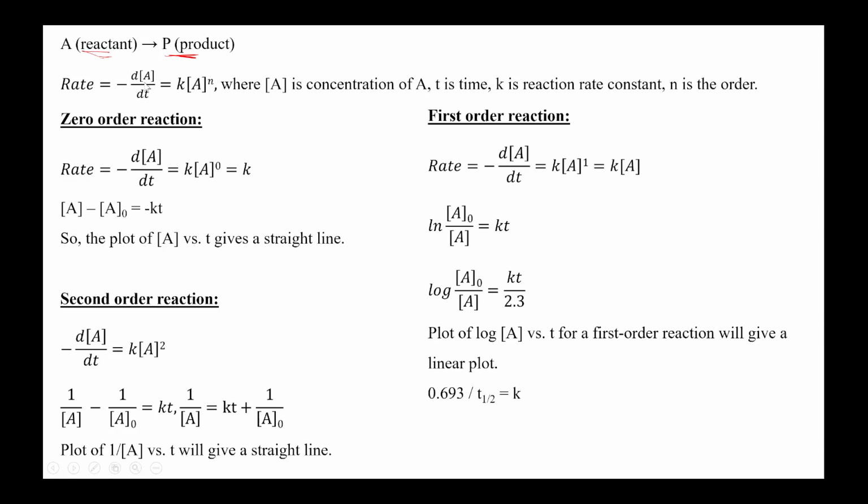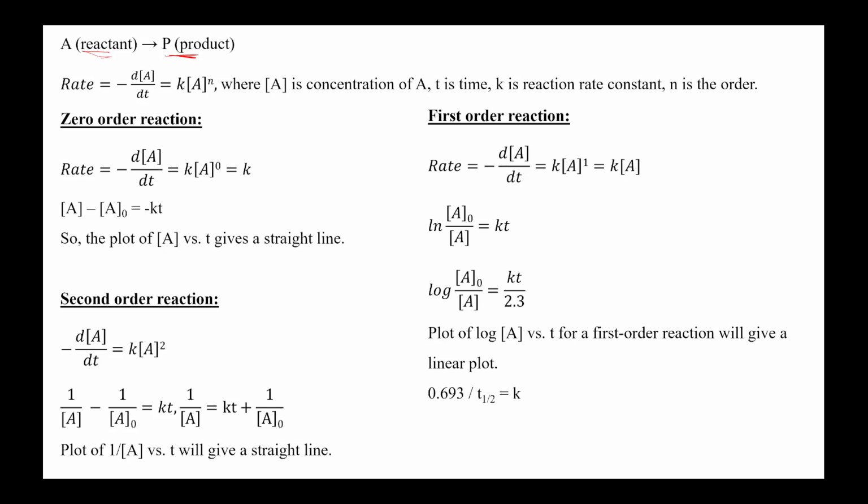D defines the differential. If you want to show a very small change, we generally show it in the form of a differential equation, whereas in a very small time t, the change in the concentration of A is given as dA by dt, where A is kept in the square bracket to represent the concentration of A. And we have put the negative sign because the concentration of A is going to decrease.